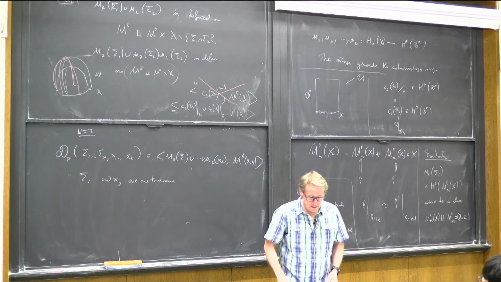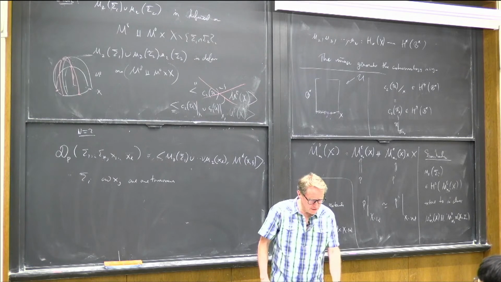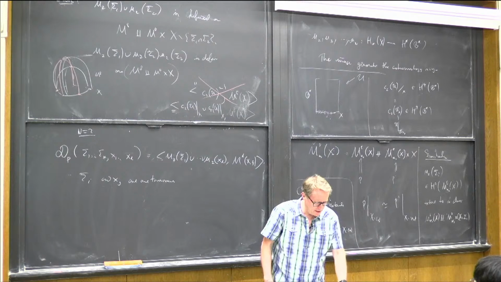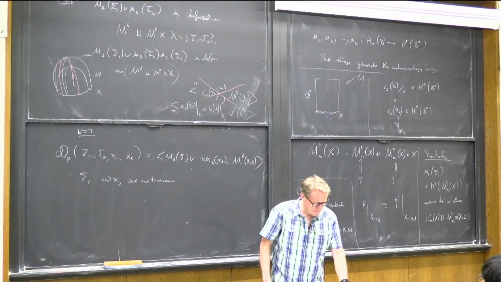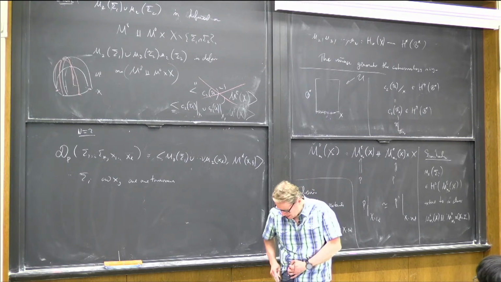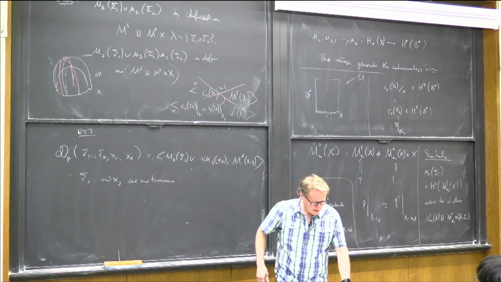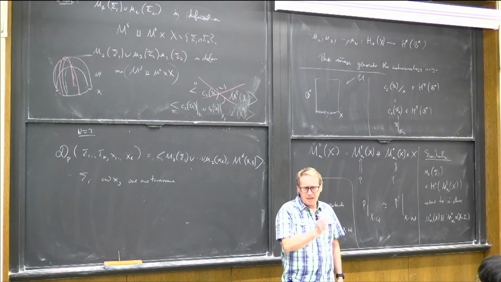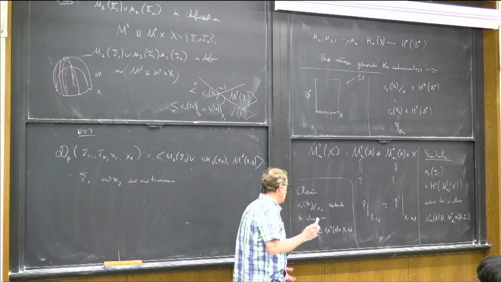So how do you compute it for K3? Well, there are a lot of different ways to get at it. There's an elementary way to compute some invariant for K3, which is already interesting.